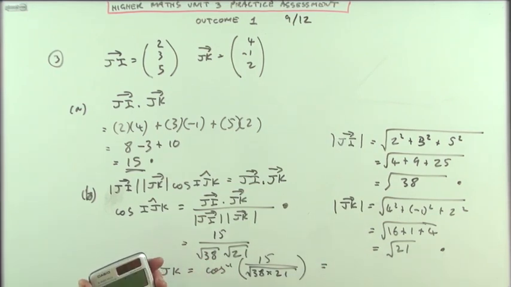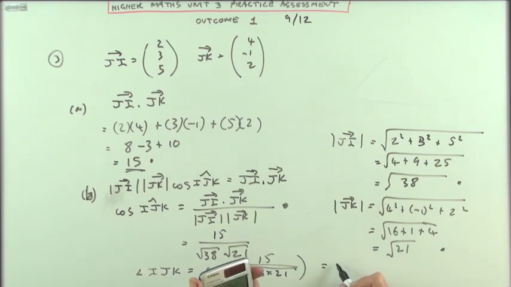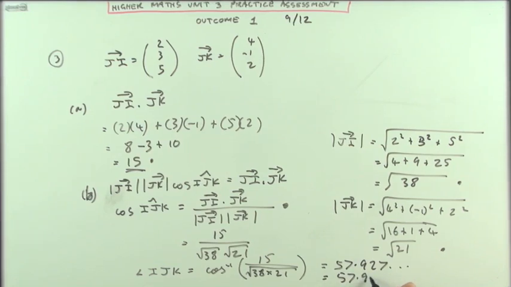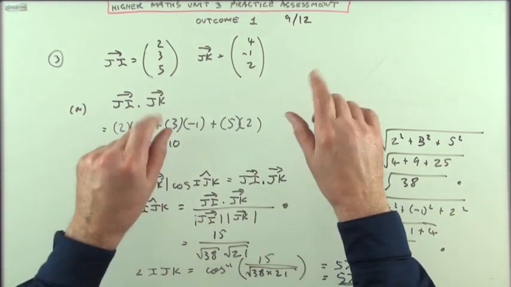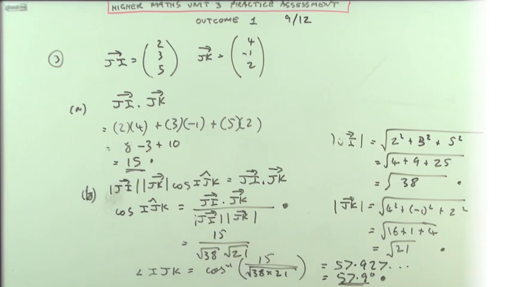Then, putting it into your calculator, you get the answer, 57.927 and so on. So we'll call that 57.9 degrees, and that's the 5th mark. Now try the 3 questions yourself.